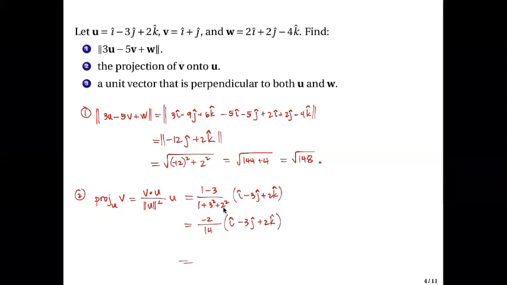And finally, we will get negative 1 over 7 i hat plus 3 over 7 j hat minus 2 over 7 k hat. Okay?